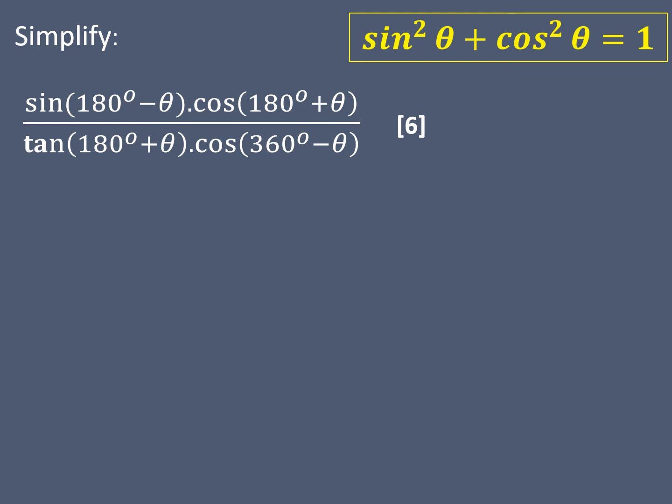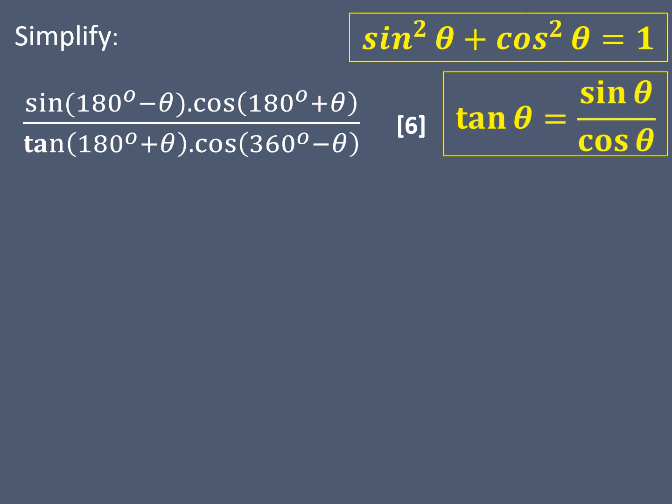And the second identity is that tan theta is equal to sine theta over cos theta. In other words, if you've got tan theta, you can expand it to sine theta over cos theta, or the other way around. If you end up with sine theta over cos theta in your final answer, we expect you to simplify further and write tan theta.